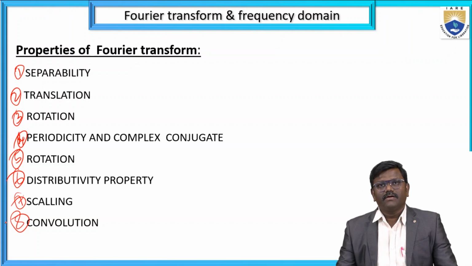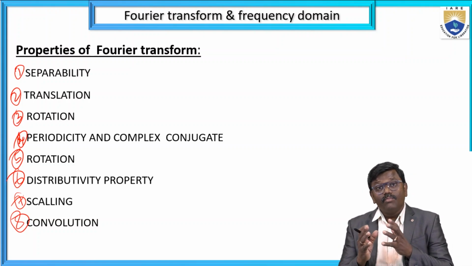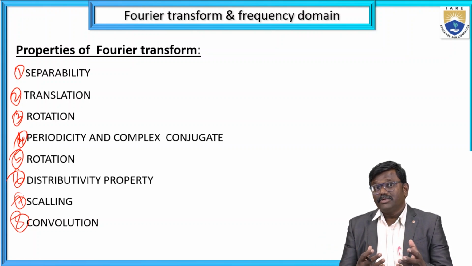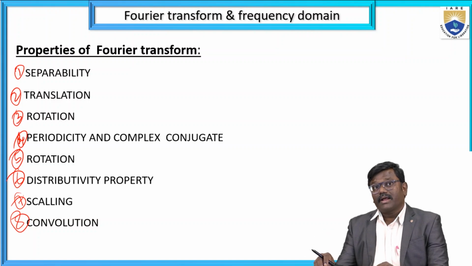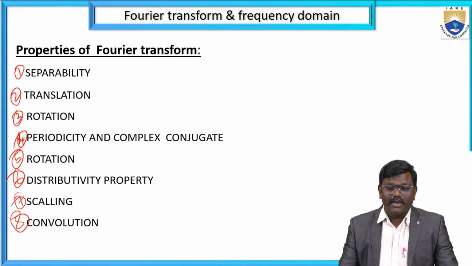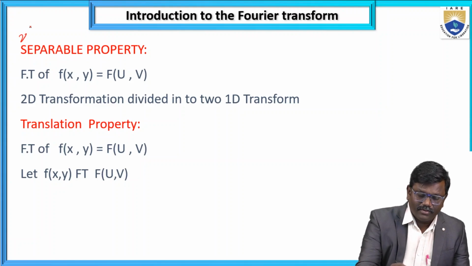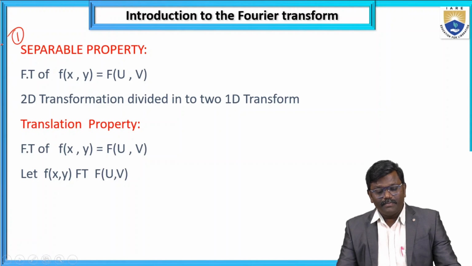These are the properties of the Fourier transform which we apply as the mathematical formalities for converting a time domain signal into the frequency domain, which we are concentrating on in terms of the spatial domain. So let us see the first one, the separable property.